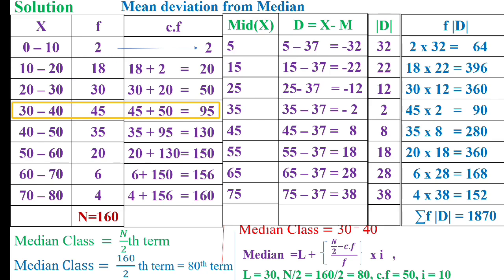This is approximately taken as 37. In the previous slides we solved the table. Now the mean deviation formula: mean deviation equals summation f into d divided by n. Summation f into d is 1870 divided by 160. If you simplify, we get 11.6875.